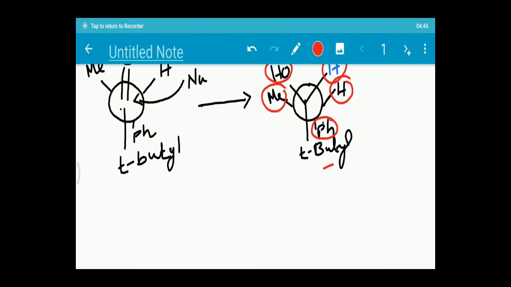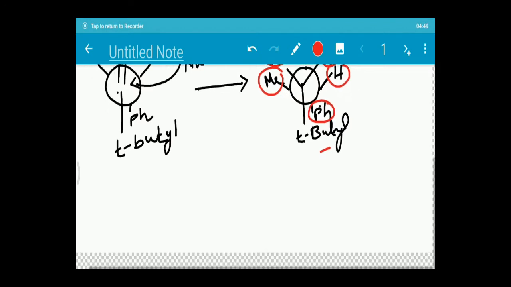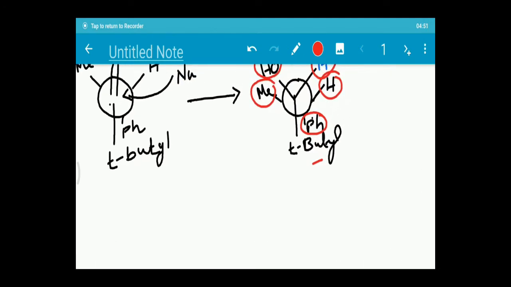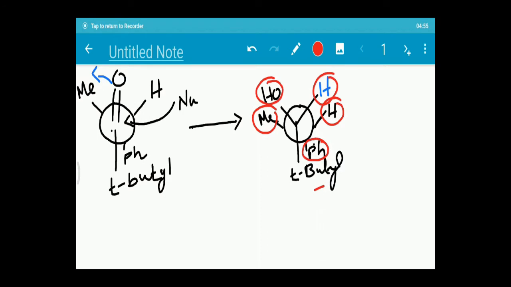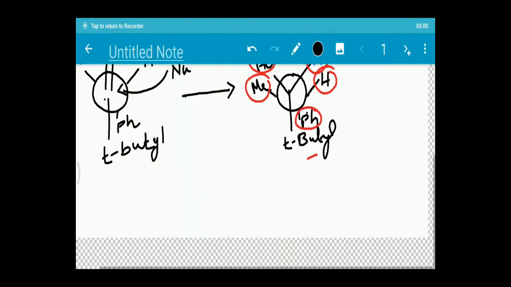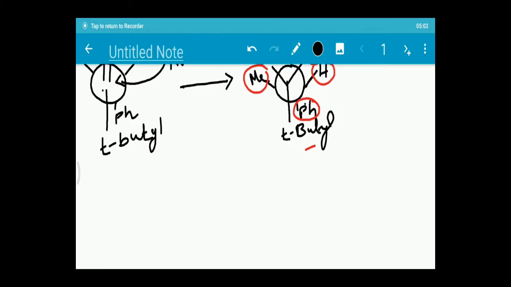So how do we convert this Newman projection into a Sawhorse form? When I convert this Newman projection into a Sawhorse form, I end up with a structure like this.